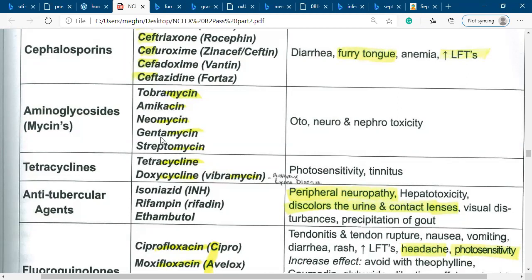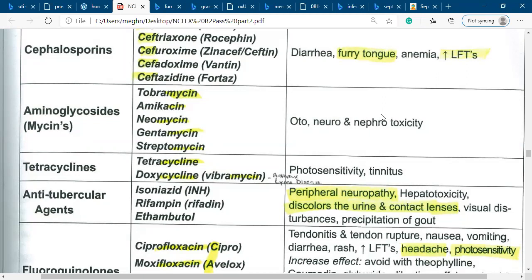I want to recap something. If you give aminoglycoside to your patient, we have to monitor the patient for tinnitus and hearing loss. Also monitor the kidney function, meaning you have to check the creatinine level, input output chart, and also observe urine for hematuria.